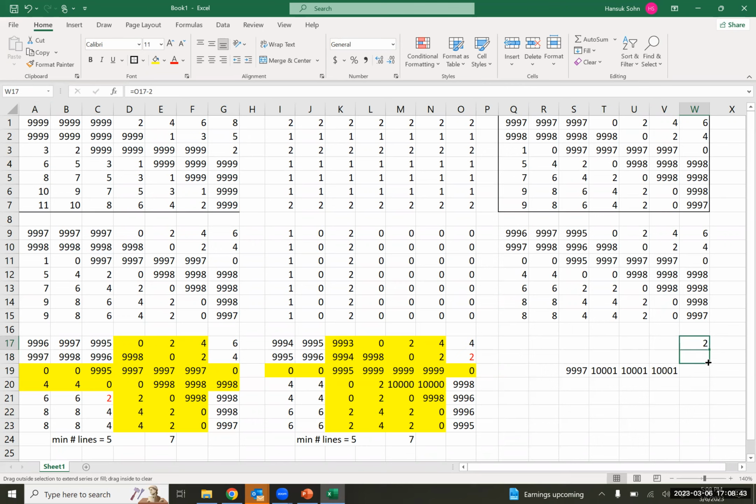And we're gonna have the same computation down here. I'm gonna just copy and paste and drag it. Copy, paste. And I'm going to copy and paste.